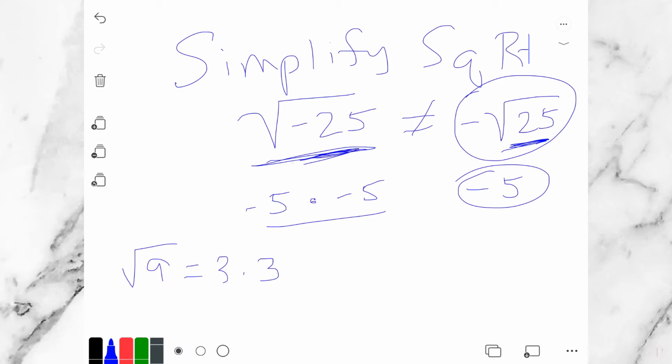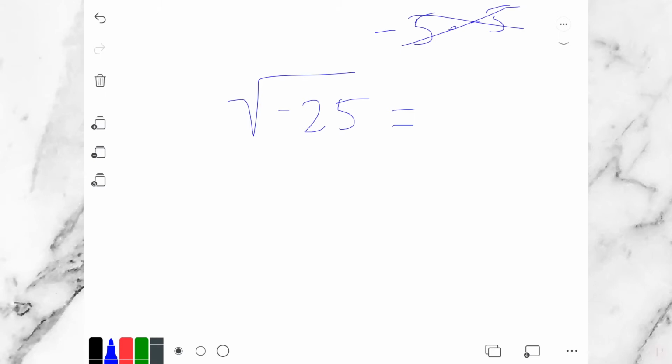And it's not going to be negative 5 times negative 5. That won't work. And then, obviously, it's not 5 times 5. That's still positive 25. So that's not going to work. And it's got to be the same number.